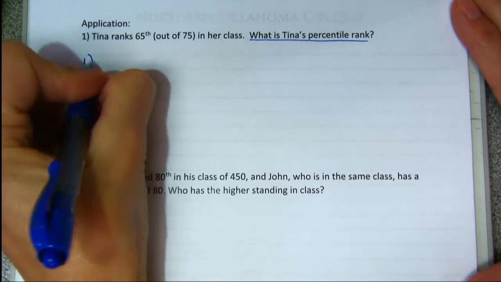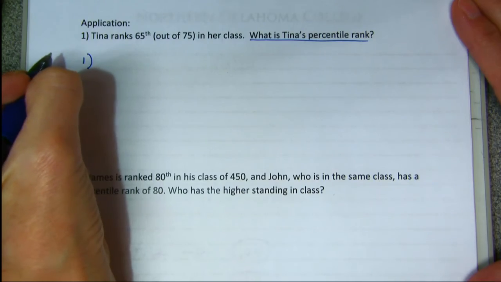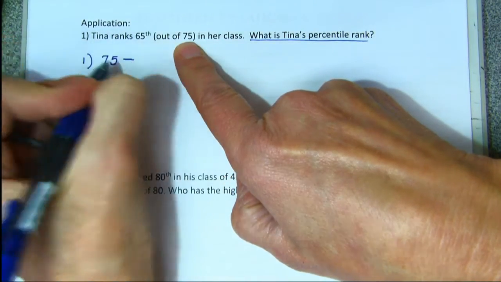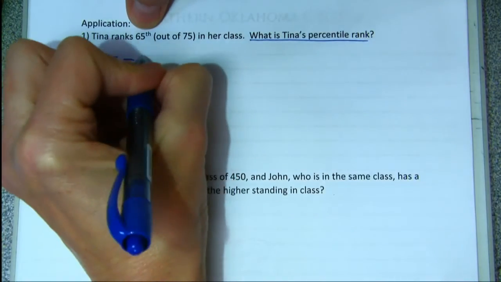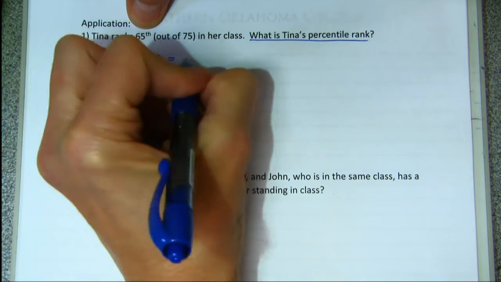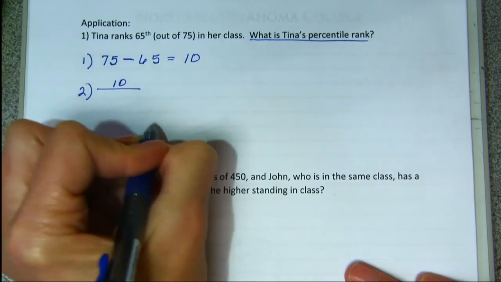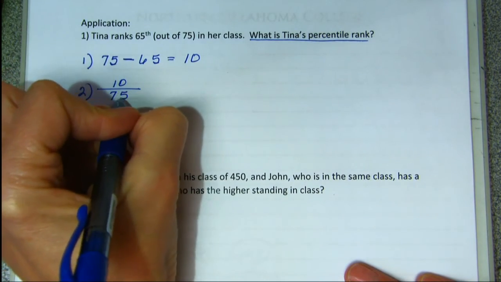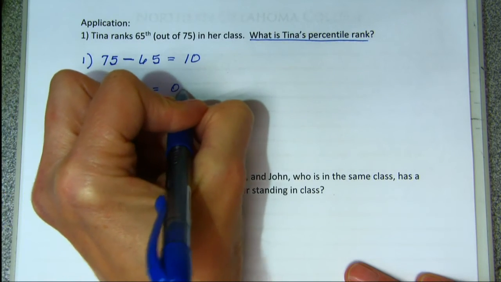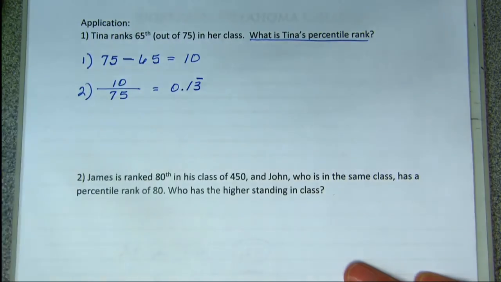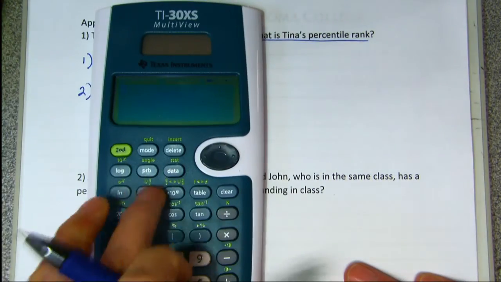So step 1, total in the class, 75, minus class rank, 65, so I get 10. Step 2, take that value and divide it by the total number in the class, and you get this decimal.